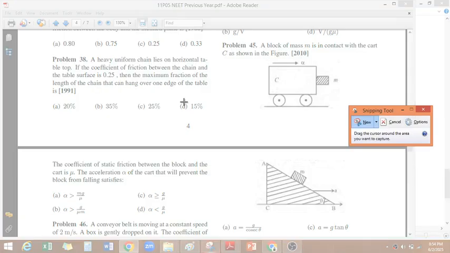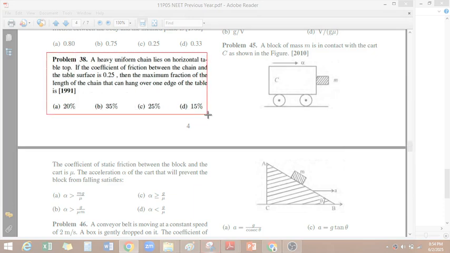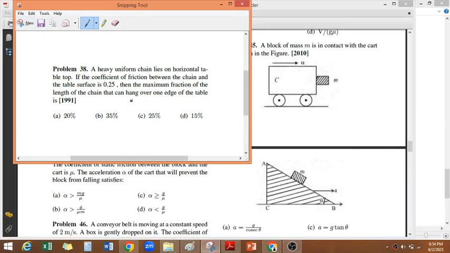The only problem is, every problem is different from the other one. You see, now we talked about inclined plane, now they are talking about some chain hanging from the table. So each problem will look very different, right? So that's why you have to practice a lot.